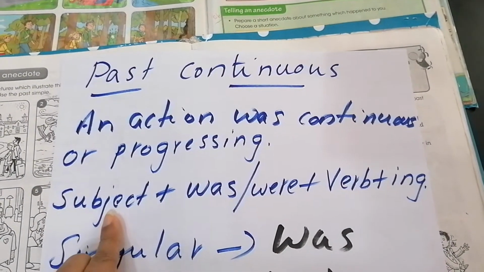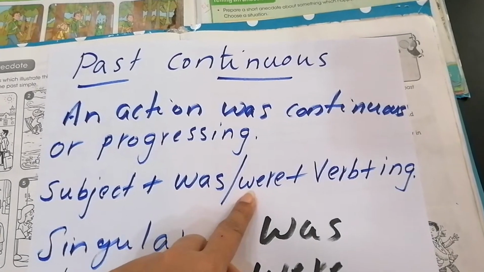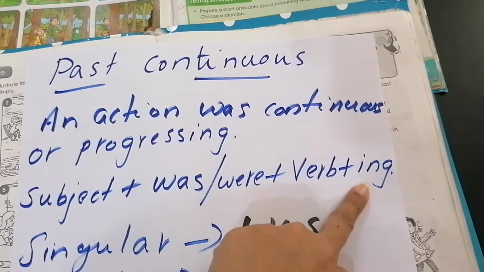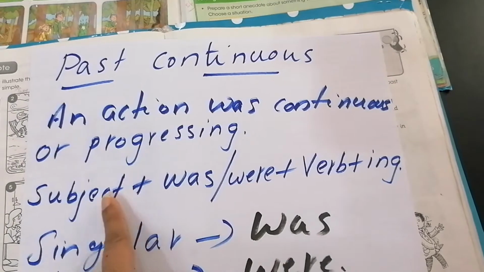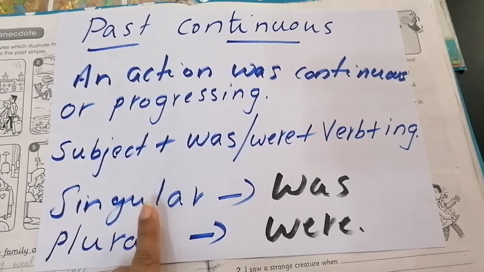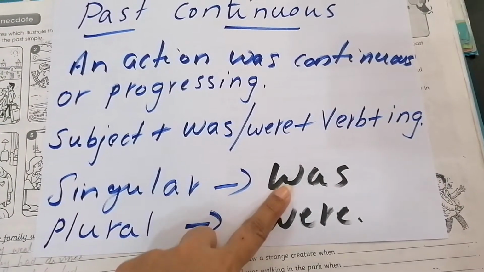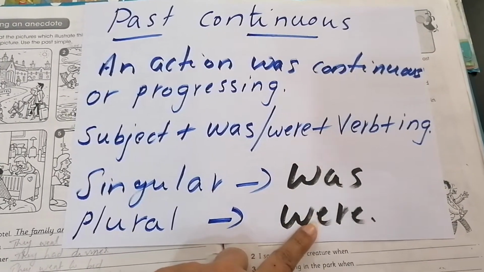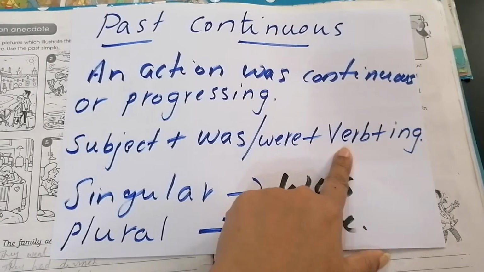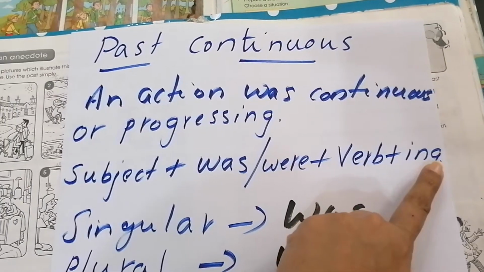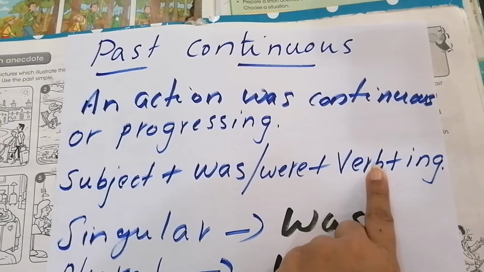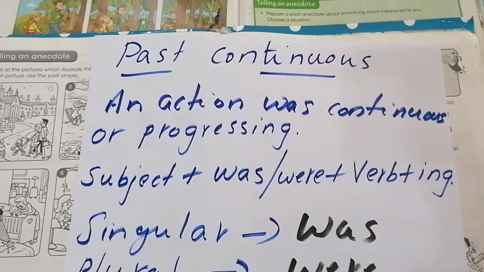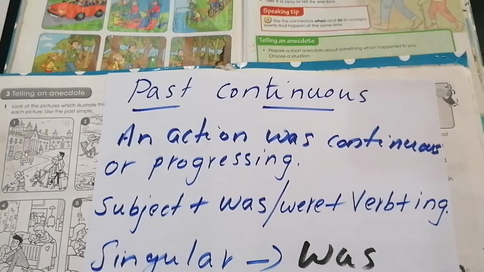The format is subject plus was or were plus verb plus ing. If the subject is singular, singular means only one, we use was. If the subject is plural, plural means more than one, we use were. And the verb should be in the ing form. If you are adding ing to the verb, it means that action is continuous.